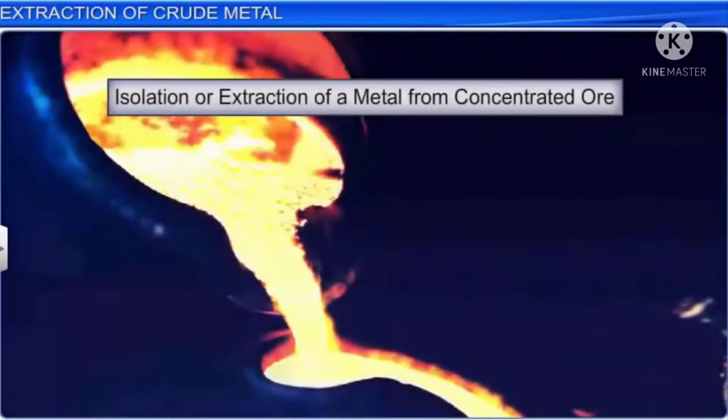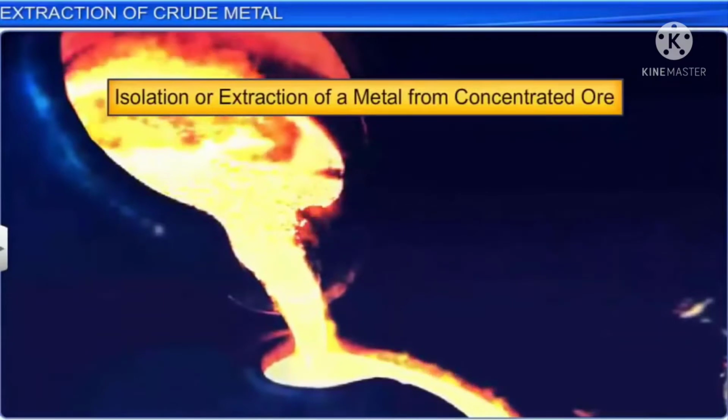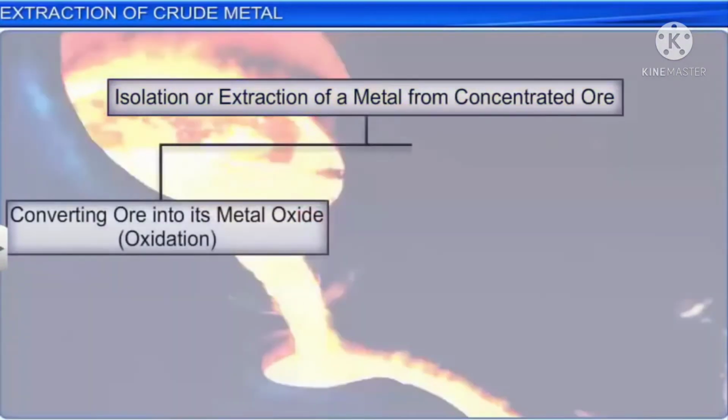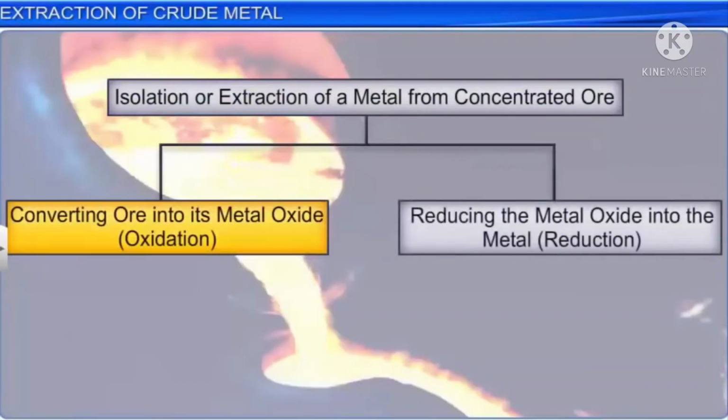Thus, the isolation or extraction of a metal from concentrated ore involves two major steps: converting ore into its metal oxide, and reducing the metal oxide into the metal. Let's look at each step.